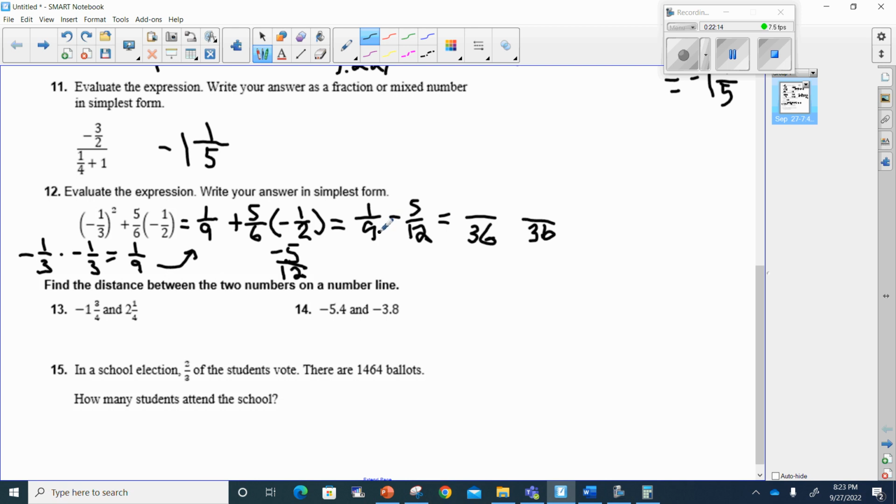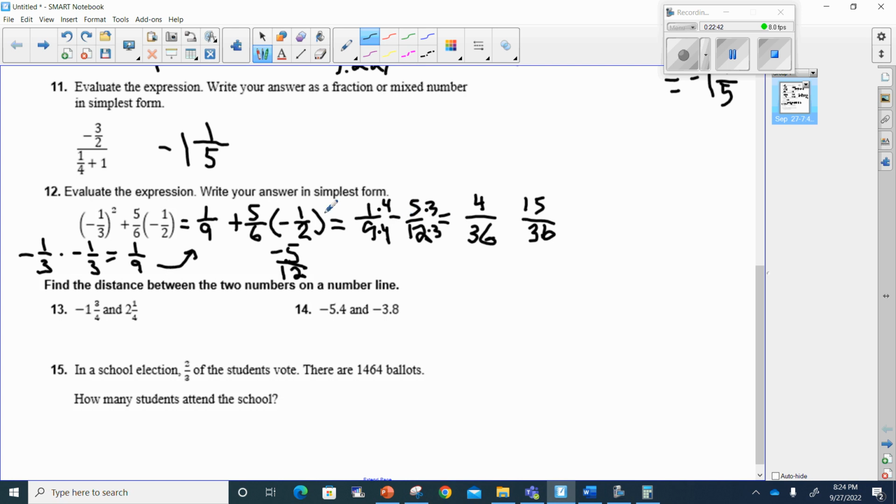What that means is I'm going to take 9 and multiply it to 4 over 4, because 9 times 4 is 36, and 1 times 4 is 4. Now I'm going to take 12 and multiply it to 3, and then I have to multiply the top by 3. So 12 times 3 is 36, 5 times 3 is 15.